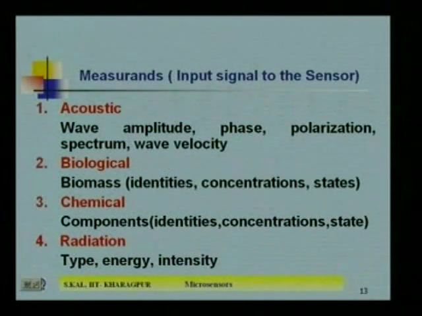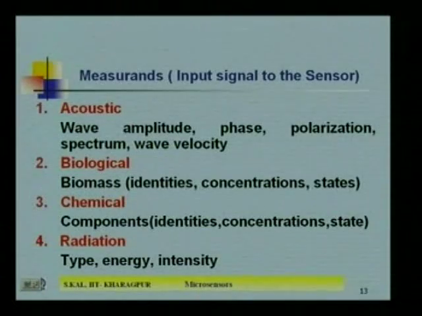Now, what are the measurands, that is the input signal to the sensor? The measurands are acoustic, the level of the acoustic energy you want to measure sometimes, and what basically are the parameters of the acoustic energy you are going to measure? Those parameters are many. Those are basically wave amplitude of the acoustic signal, phase of the acoustic signal, polarization, spectrum and wave velocity.